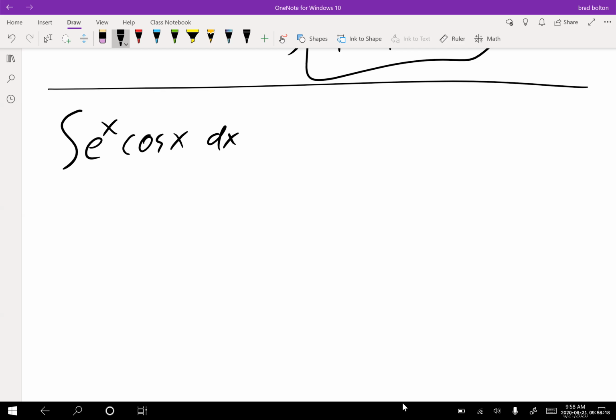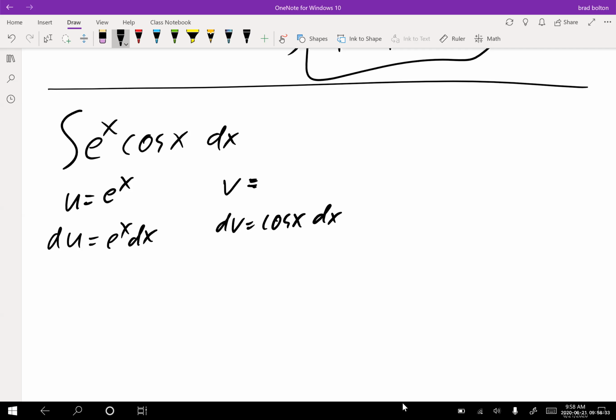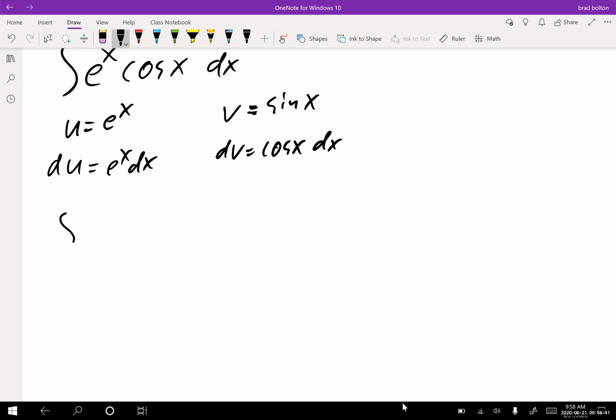Okay, so you should have unpaused the video, and you should have declared your u to be e to the x, and your du to be e to the x dx, right? And then we know that dv has to be cosine x dx, and then we know that the integral of cosine of x would be sine x. So we have everything we need for integration by parts. So we have the integral of e to the x cosine x dx.